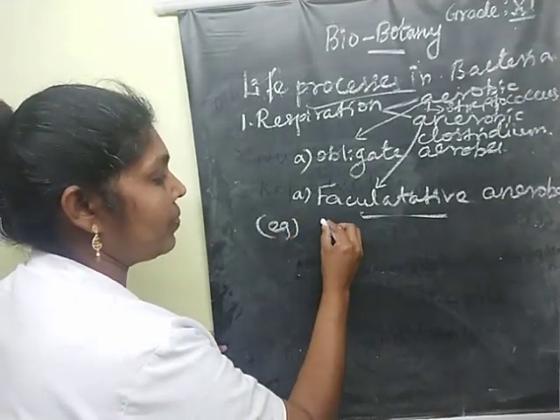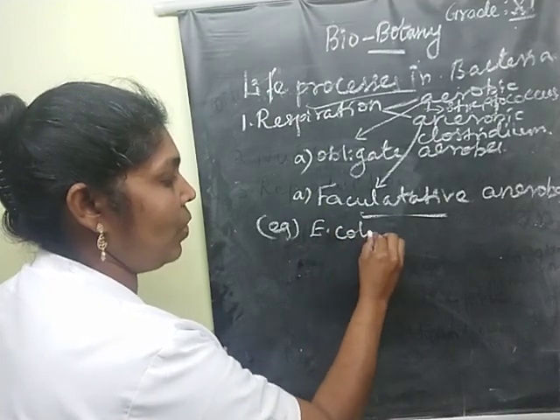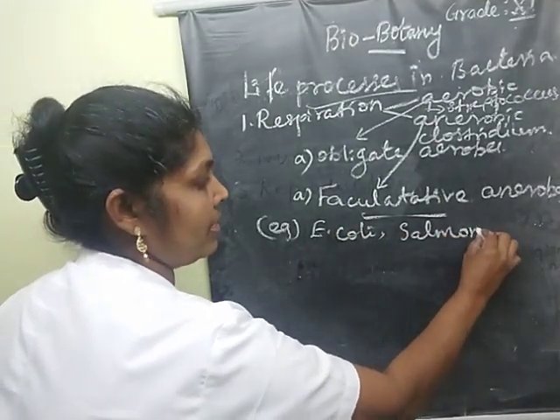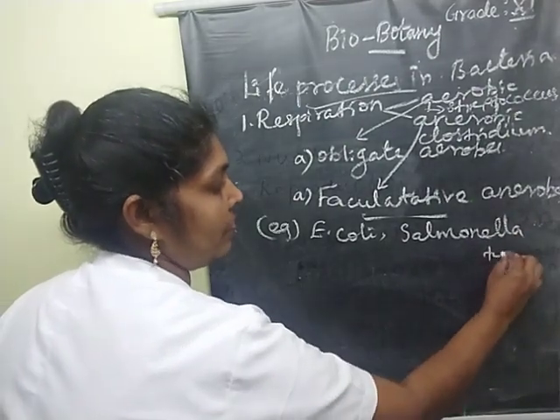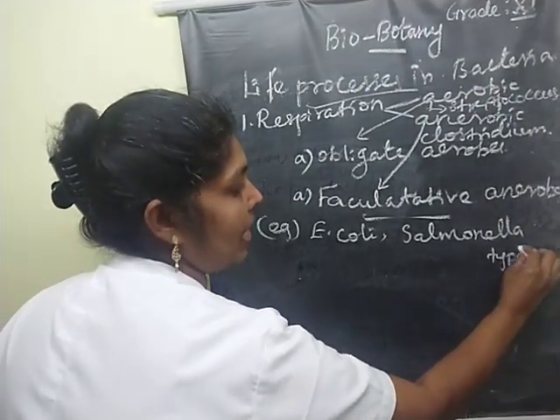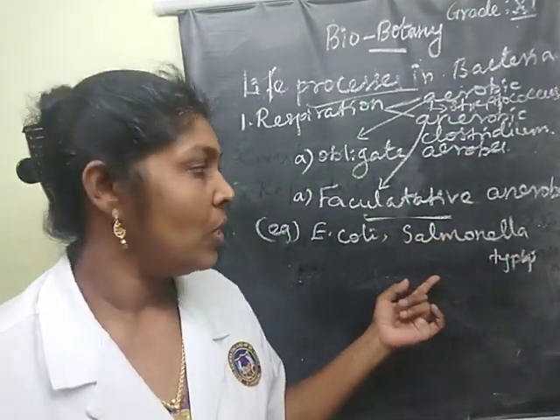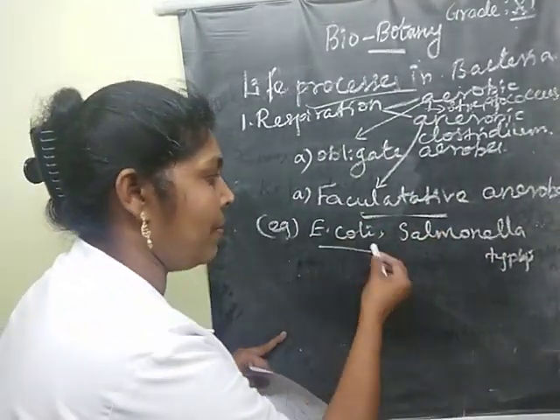First one is Escherichia coli, E. coli bacteria, and another one is Salmonella typhi. So these are the two examples of facultative anaerobes. What happens in E. coli bacteria?